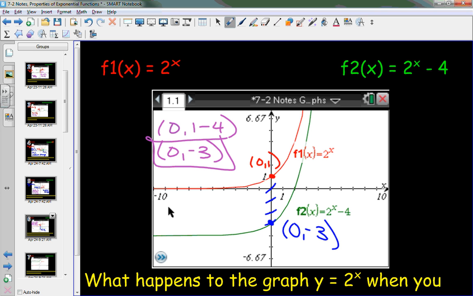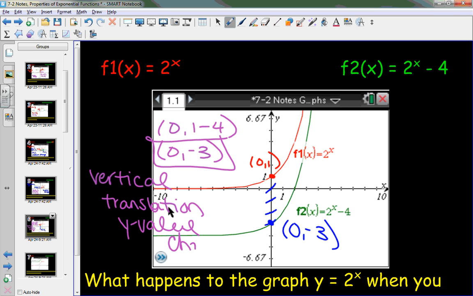So when you have a vertical translation, what happens is the y coordinate changes. The y value changes. Do we understand that, yay or nay? Okay? We good?